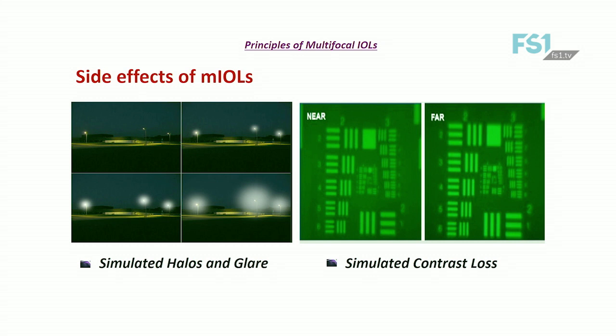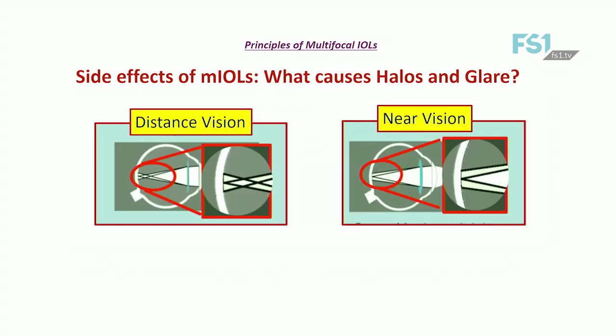On the top left, this is the normal photo, how it should normally be seen, and on the lowest photo on the right, this is how the patient sees if the patient has halos and glare. And of course, besides that, it's not really nice to see the light like that. It can also cause many other troubles, like problems driving at night, and it's really dangerous to drive with this kind of vision.